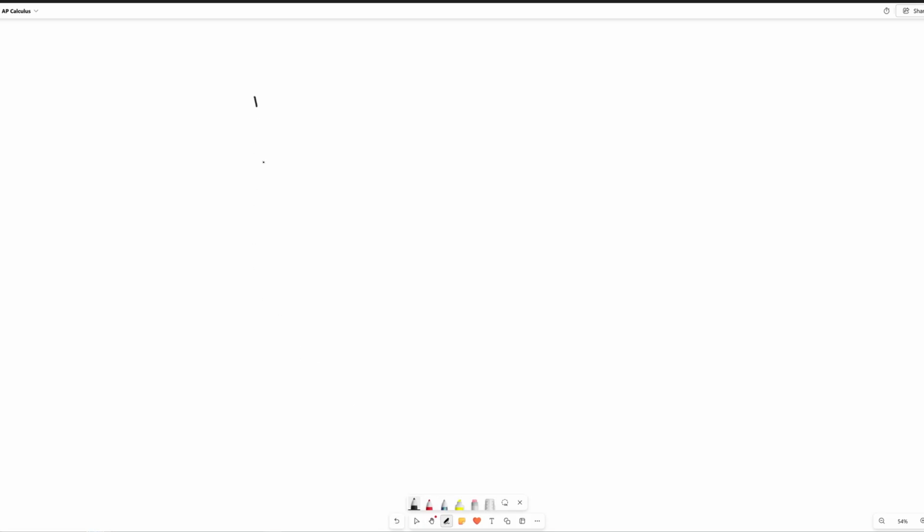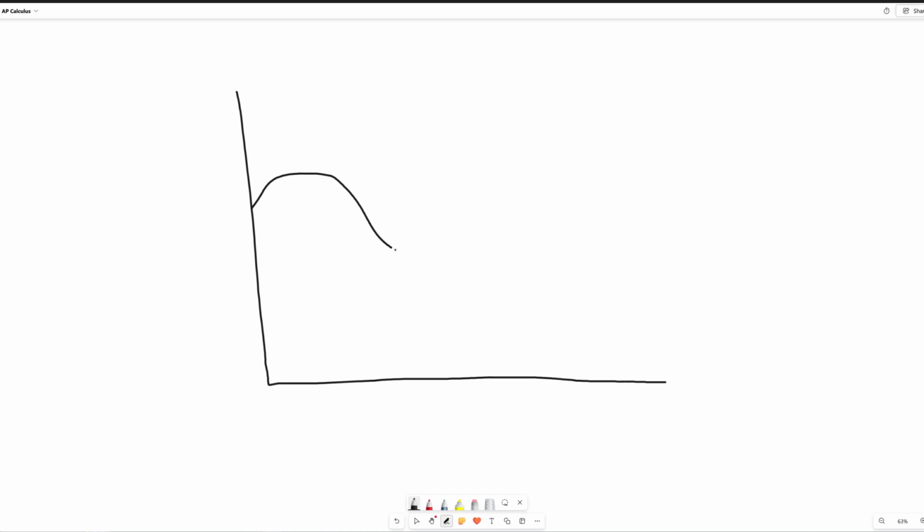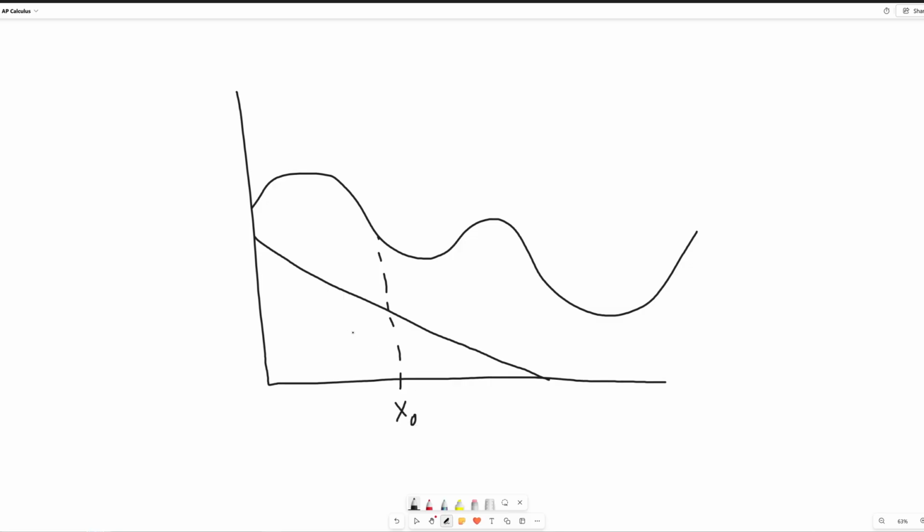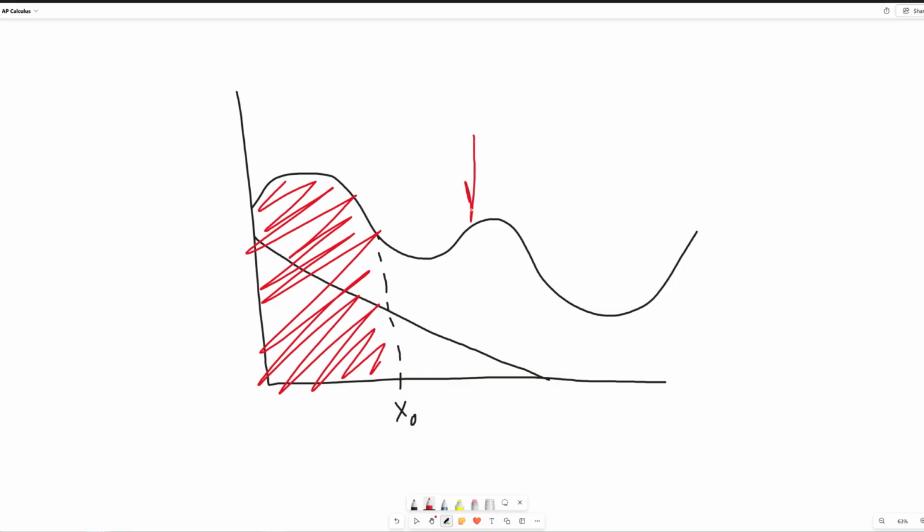Now we're going to look at, very briefly, area between two curves, because this is quite easy and quite intuitive. So if I take a curve right here, and then I give you a straight line. Okay, if I wanted, let's mark some arbitrary x value here. If I wanted to find this area, then what you have to do is take this area over here, which is just the integral of this function over this interval, right?